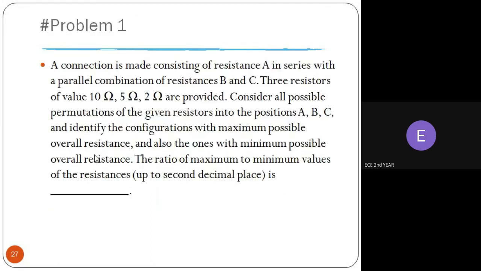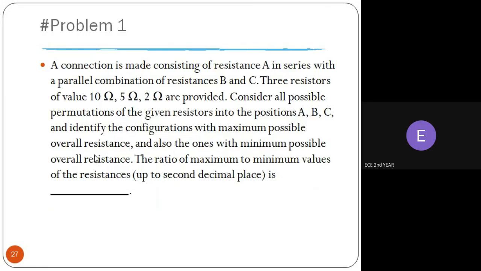So here we'll get into some problems. A connection is made consisting of resistance A in series with a parallel combination of resistances B and C. Three resistances of values 10 ohms, 5 ohms, and 2 ohms are provided.